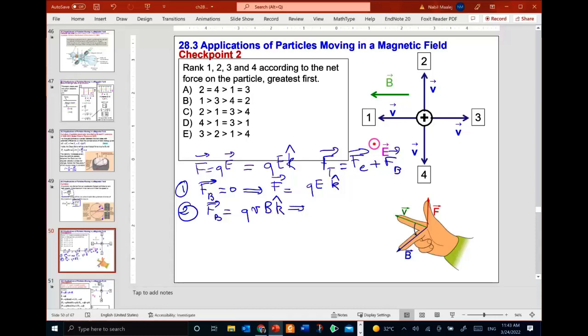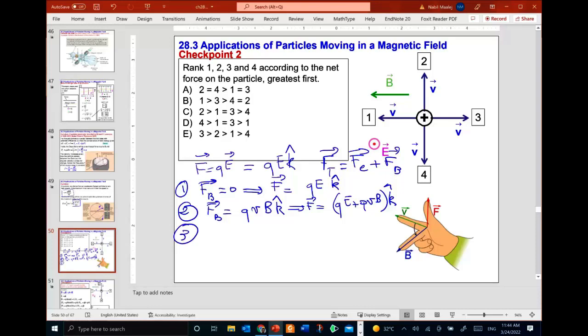So what's the total force? The total force is QE, the electrostatic force, plus QVB times k. The electric force is QE times k, and the magnetic force is QVB times k. So this is the total force, this is the magnitude. Third situation.